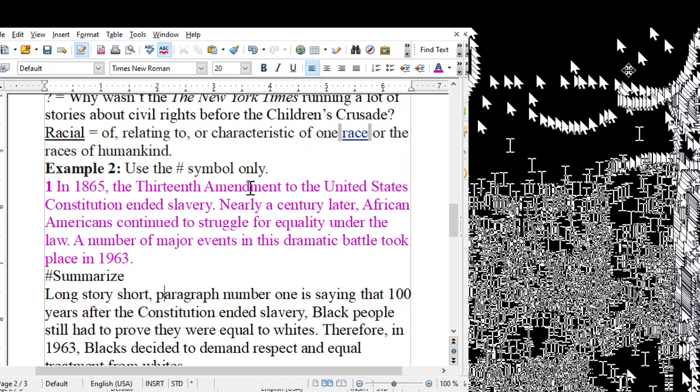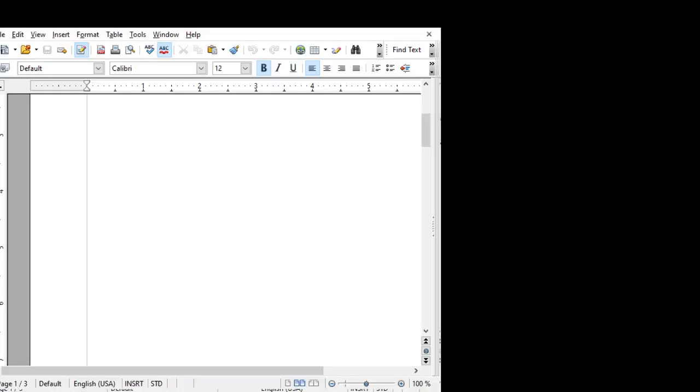Yep, here it is right here. Let me make a new window for you because I want you to be able to see it. So I'm going to take this one away. I don't want to make changes to that. Okay, here's the new window.